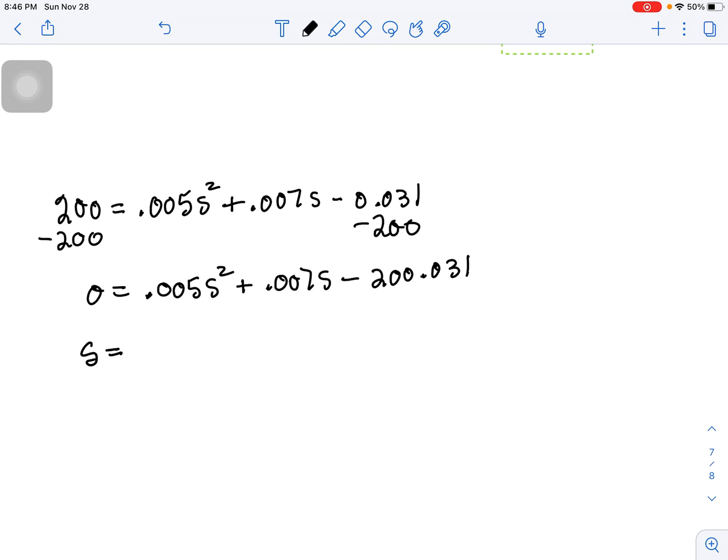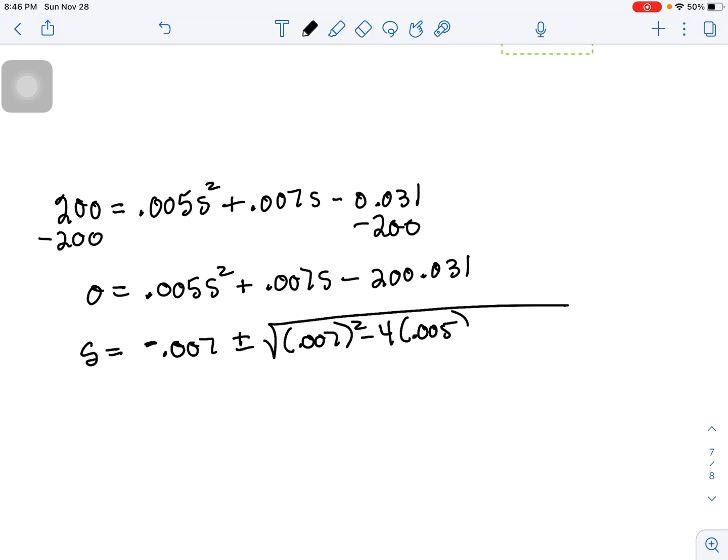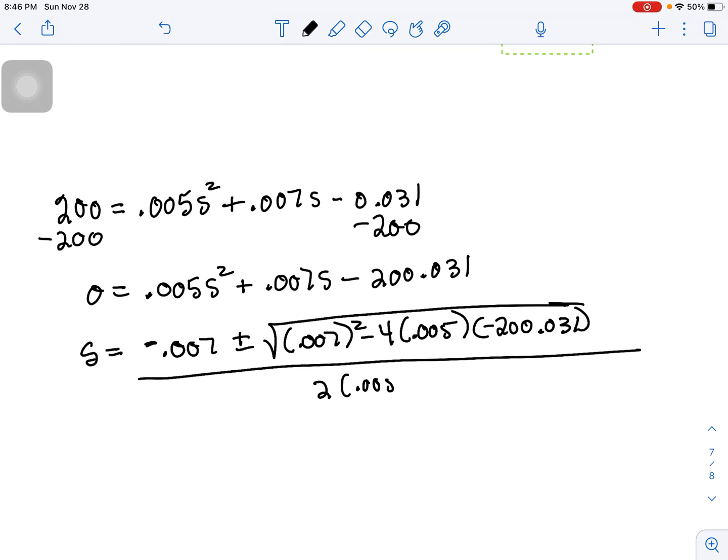So S equals the opposite of B plus or minus the square root of B squared minus 4 times A times C all over 2A. And now you should go ahead and type it into the calculator.